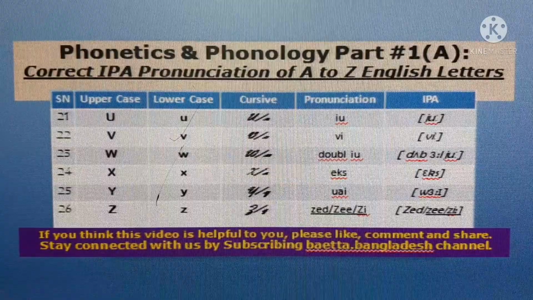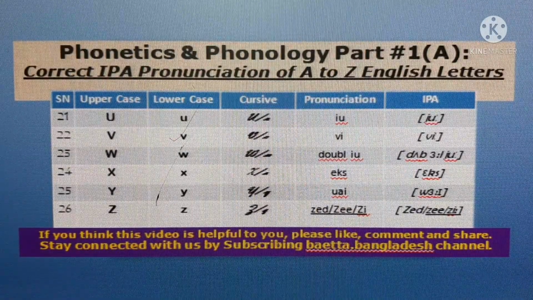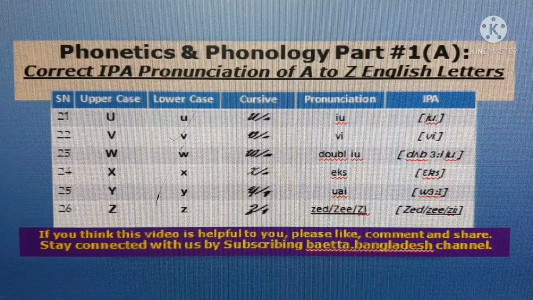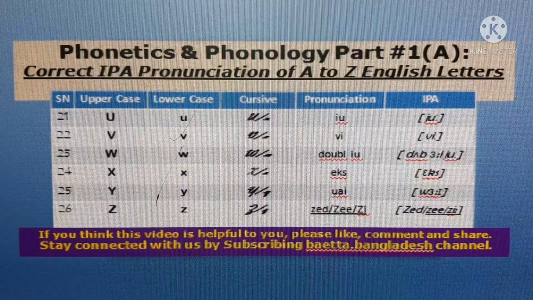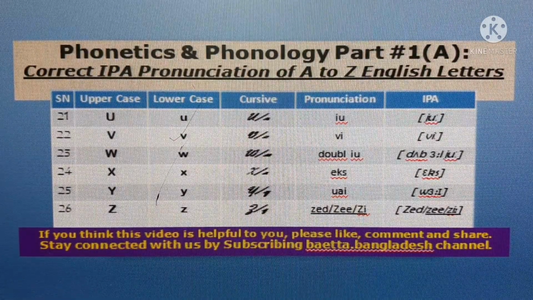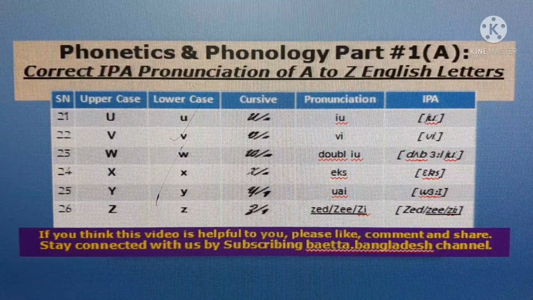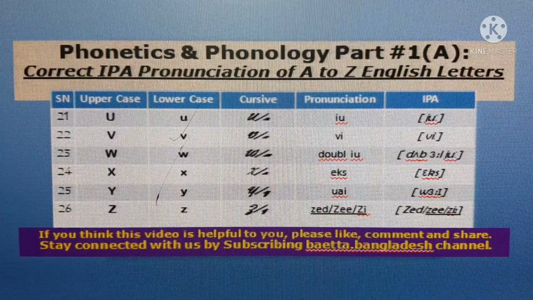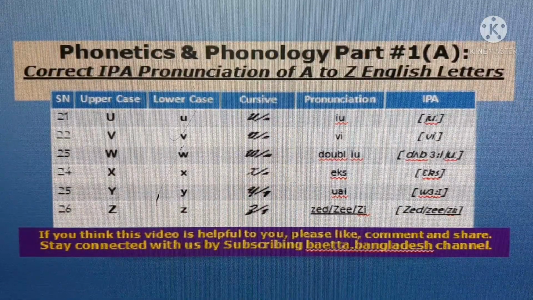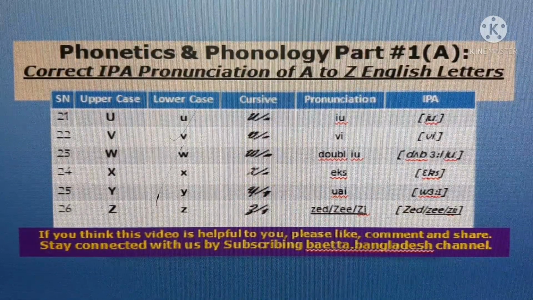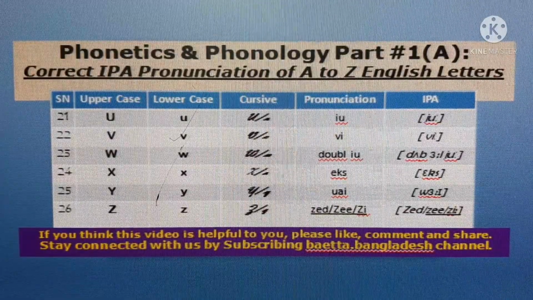It is specially mentioned here that in American English, the following four letters, letter number 15 O, letter number 18 R, letter number 20 T, letter number 26 Z, are pronounced differently from British English.